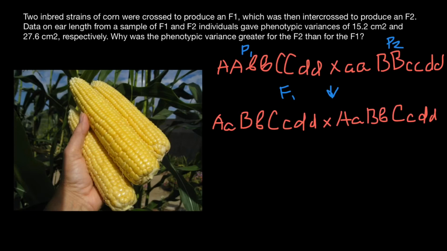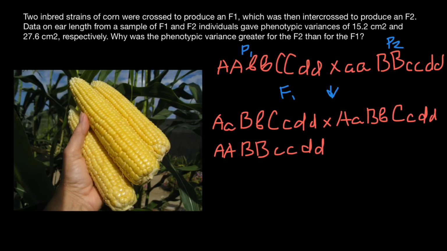For example, a plant can inherit the dominant allele from parent 1 and the dominant allele from parent 2, so it can be capital A. It can also be capital B, and it can inherit the recessive allele from parent 1 and the recessive allele from parent 2, so it can be small c, and of course small d.